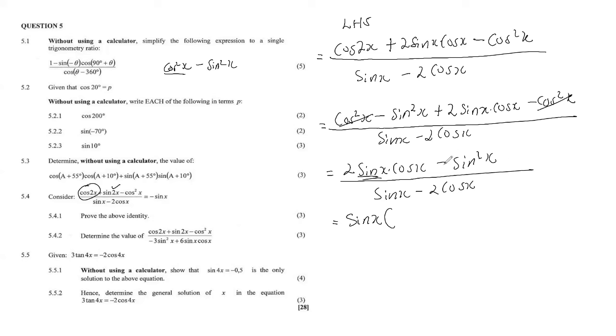And then, oh, now I see where we are headed. So if we factor out the sine x from this part here, we are only left with 2 cos x, and then minus, if we factor out the sine x here, we are left with sine x, right? Over the sine x minus 2 cos x.